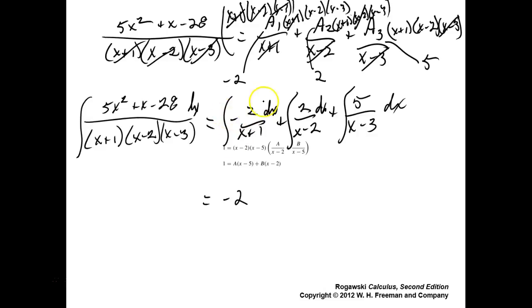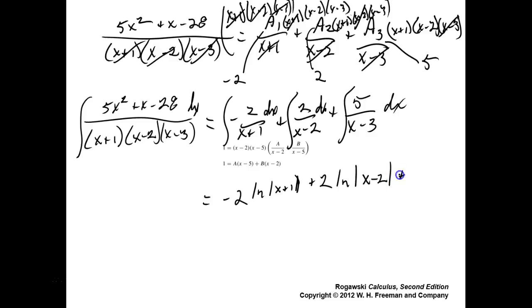What's the integral of dx over x plus 1? ln. That's your natural log of, you should put an absolute value, x plus 1. Plus 2 times ln of absolute value x minus 2 plus 5 times the ln of absolute value x minus 3 plus c.